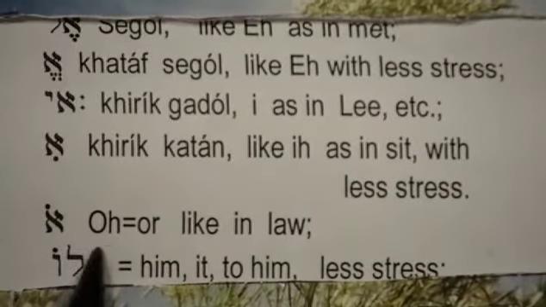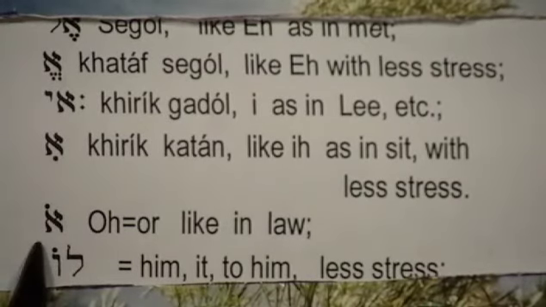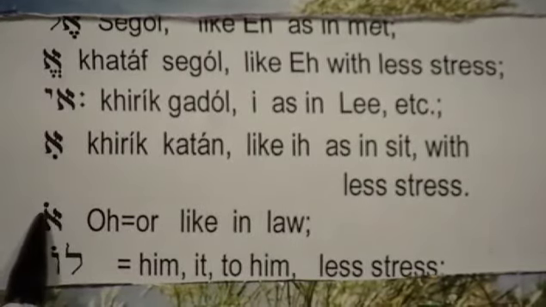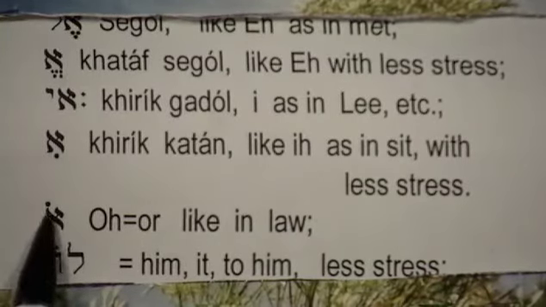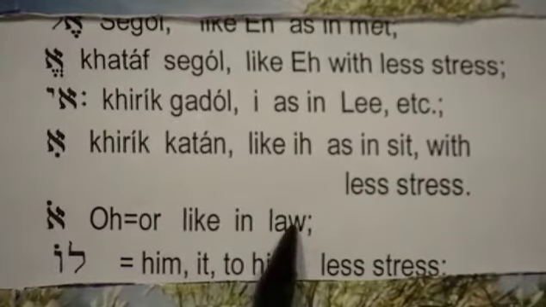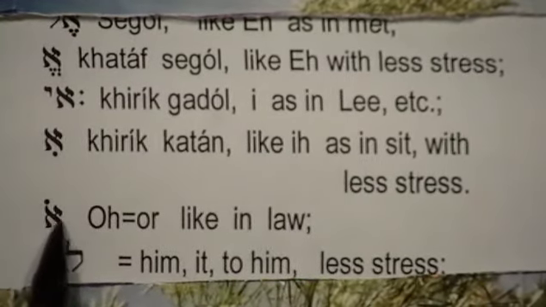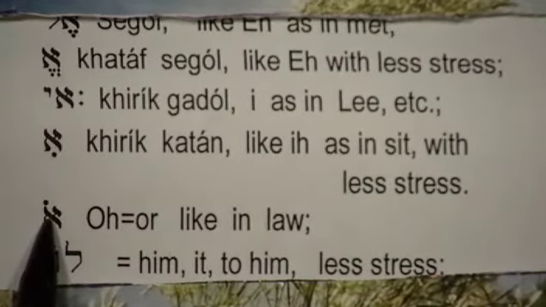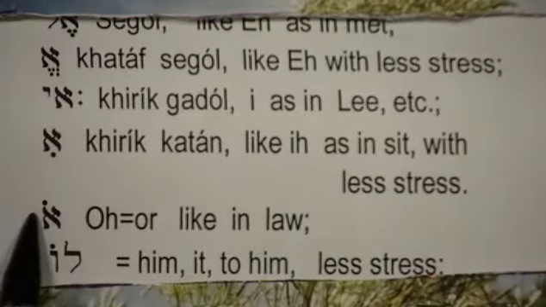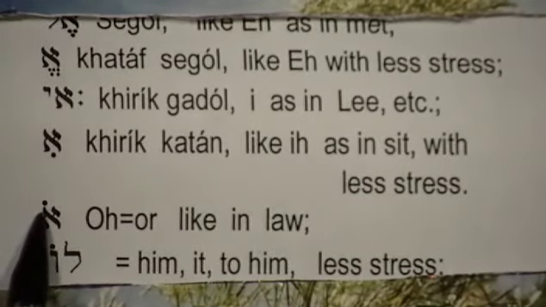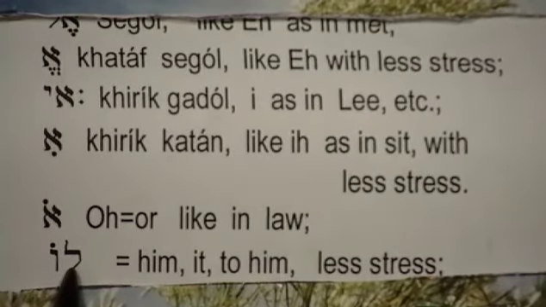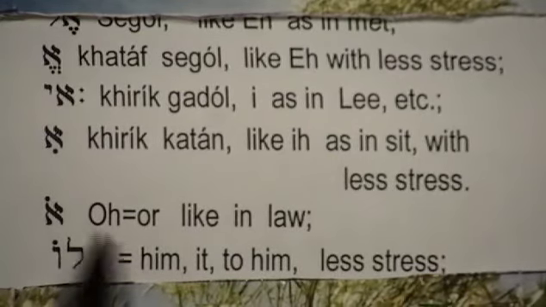The sound of O: any letter with a dot on top is an O, sounds like O, like in law. The dot could be in Lamed or Mem or Nun or Tav or whatever, but if it has a dot on top, sound the letter like Lamed and dot, lo.